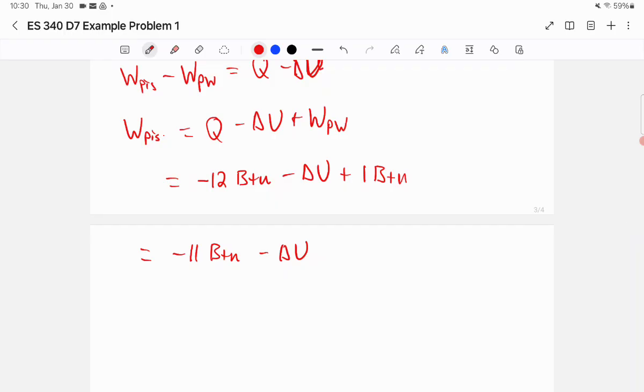Now, how do we find delta U in this case? Well, notice that it doesn't say that we can assume something like that the specific heat is constant. So now we're going to have to go to the tables.